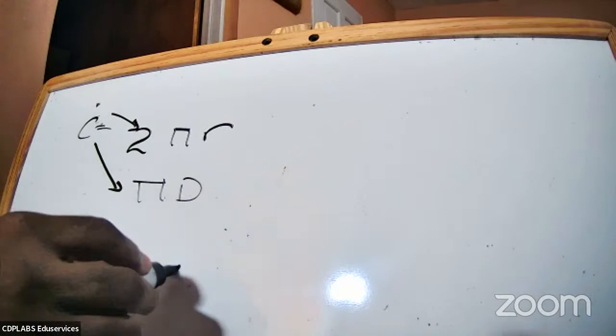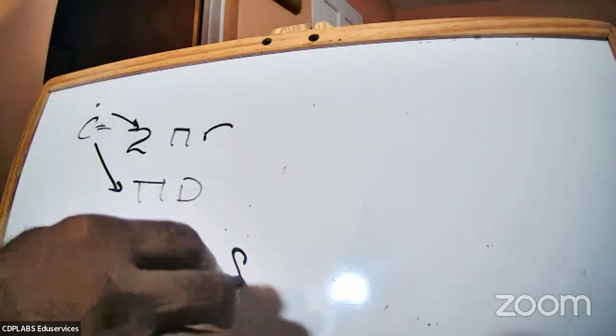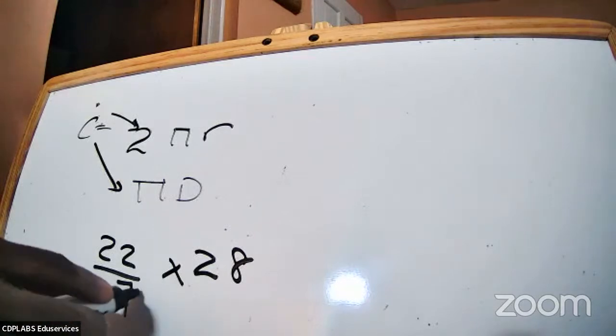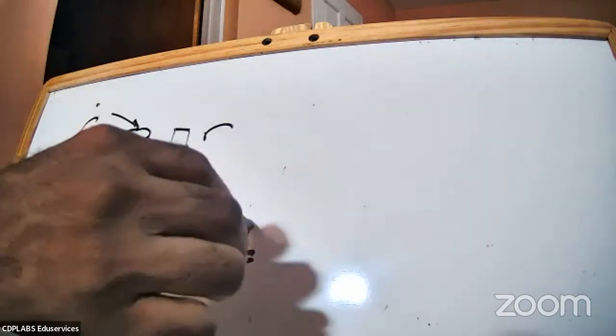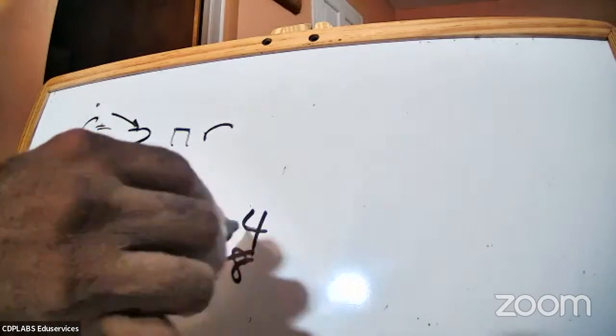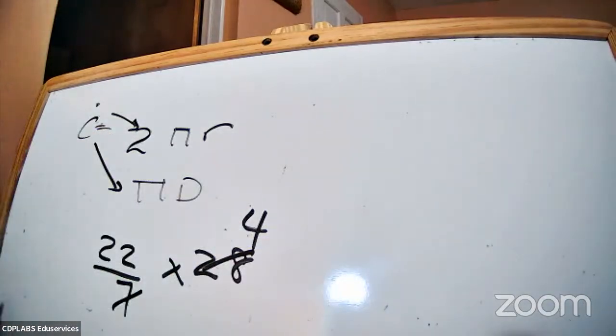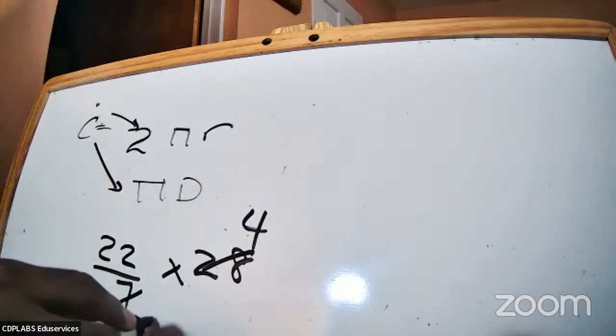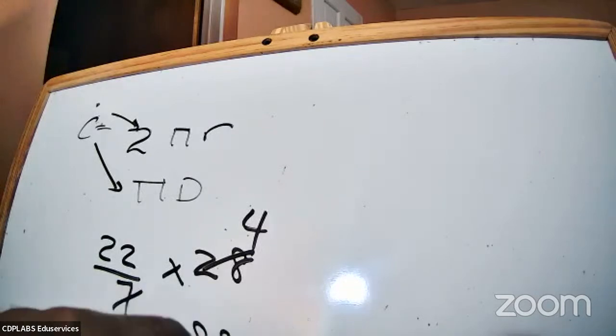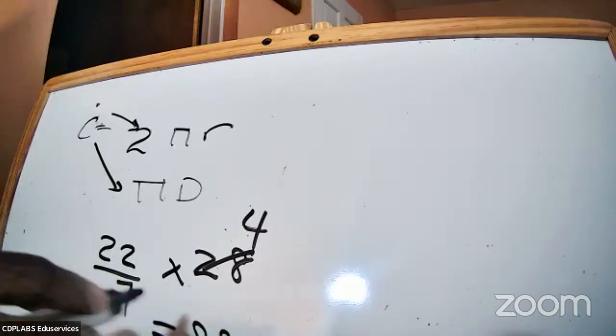And the diameter is what? 28. So divide 7 into 28, it goes 4 times. And 4 times 22 is 88. So the circumference is 88 centimeters, not the arc length.